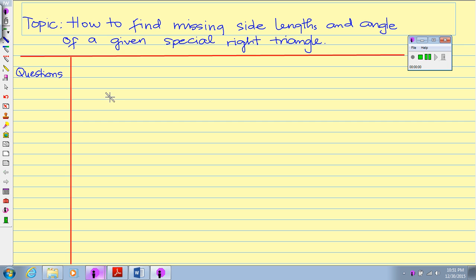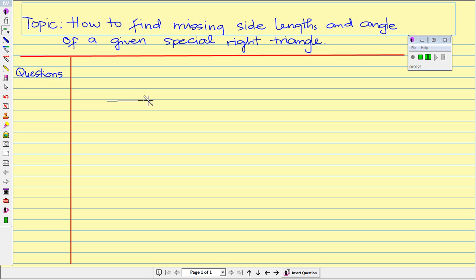We only have two special right triangles. First, 45, 45, 90. Let me sketch the 45, 45, 90: 45 degrees, 45 degrees, and 90 degrees.